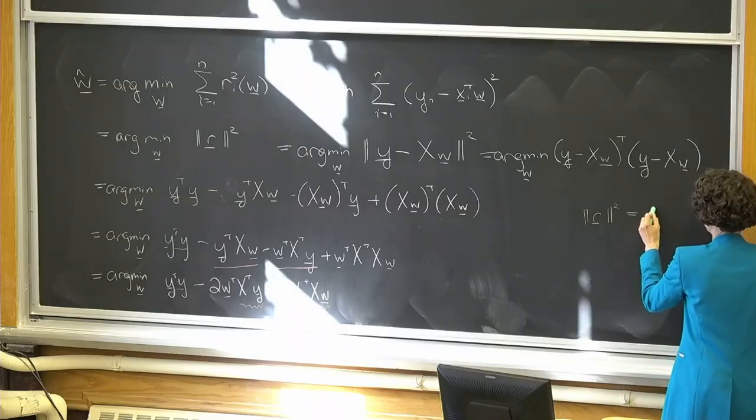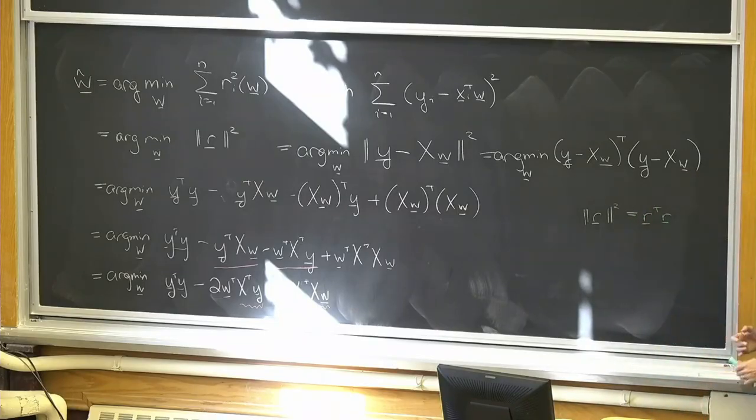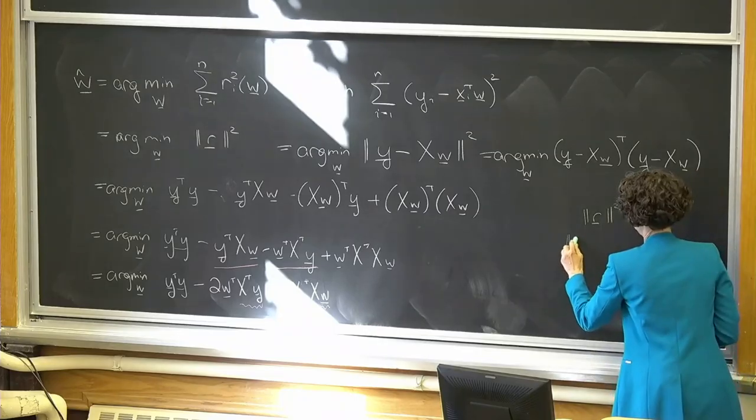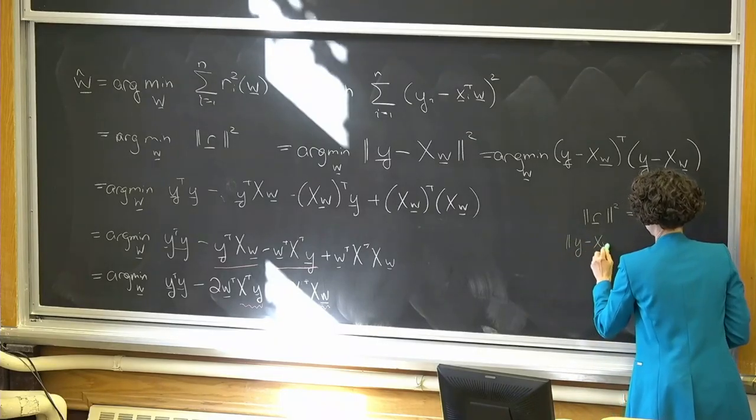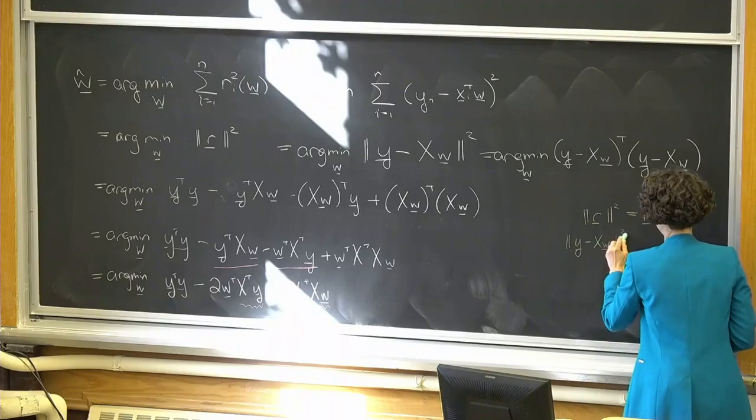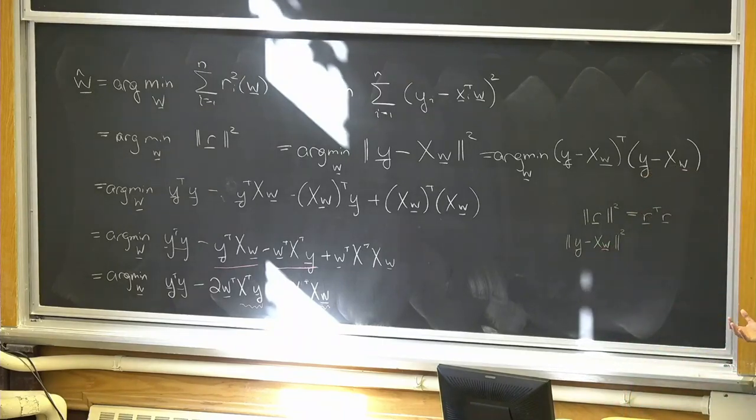This just means R transpose R. That's all. And so now I'm just doing the same thing with y minus xw. I'm just replacing R with y minus xw and putting it in parentheses. It's like the property of squaring the norm. That's right. I wouldn't even call it a property, more like the definition. So it's not like I've done something advanced here. I've just plugged in the definition.